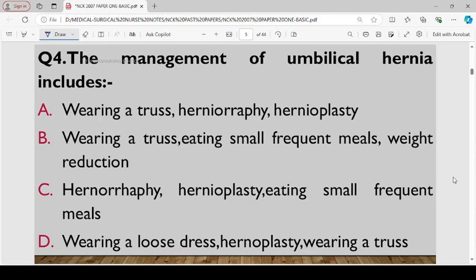Number 4, the management of umbilical hernia includes, we have nurse A up to nurse D. You have a minute. So nurse A says wearing a truss, herniorrhaphy, and hernioplasty.